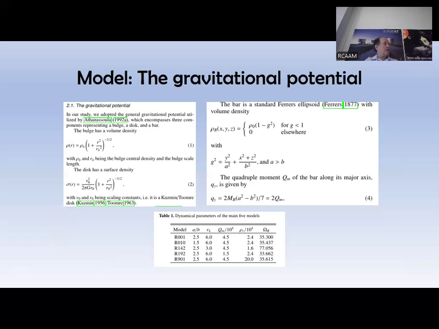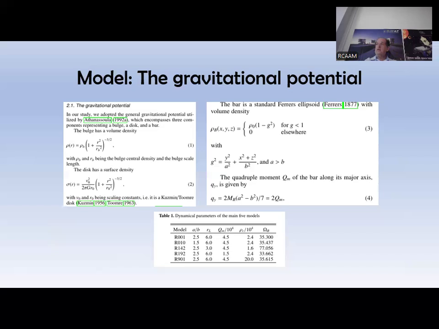We assume just an isothermal gas. We don't even include the self-gravity of this gas, and we try to see the tendencies under this set of parameters for having one or the other central morphology in the models.